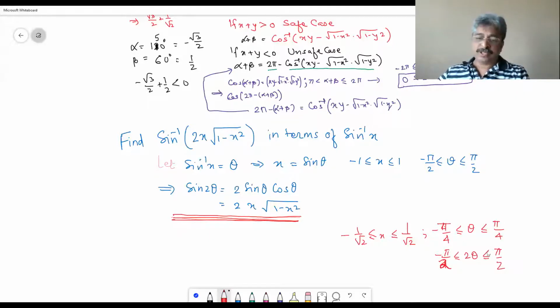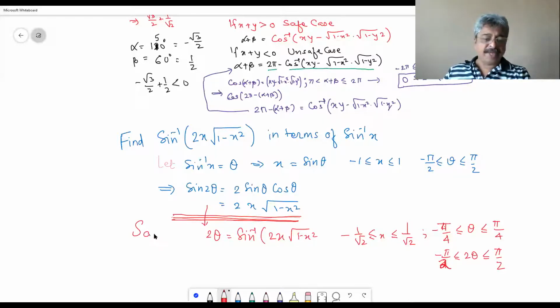Okay, so this is my domain correction, and I am happy with that because 2 theta also is lying between minus pi by 2 to plus pi by 2, and therefore I am allowed to take the sine inverse. Therefore 2 theta is equal to sine inverse of 2 times x radical 1 minus x square.